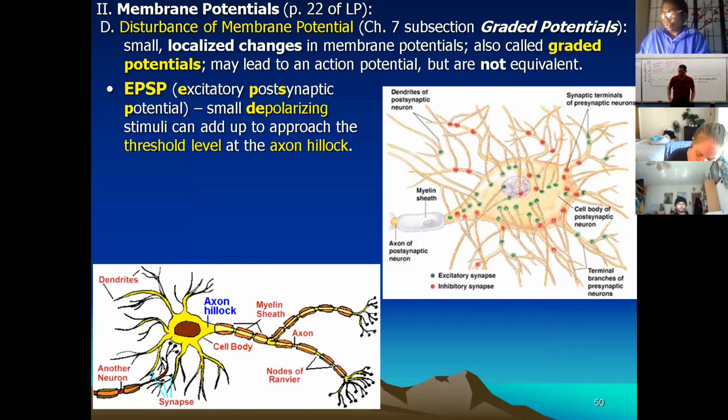There are 2 different types. I'm just going to change colors here and go red and green because that's what a lot of these textbooks use. You have the EPSPs and the IPSPs. What do they stand for? Well, it's right there on the slide, but what does it mean?